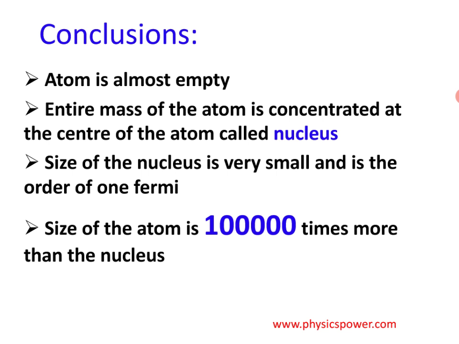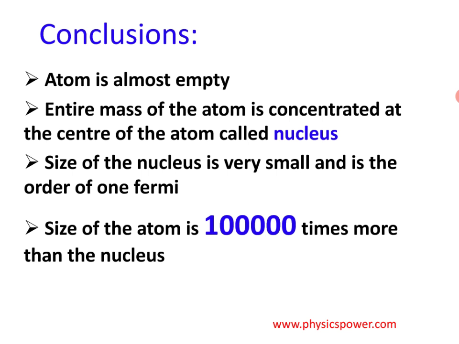With that we can conclude one more thing: the entire nucleus, that positive charge, occupies very little space inside the atom, meaning the size of the nucleus is very small. Even though it is heavy, it occupies very little space. What does it mean? Heavy mass occupying less space means the density is very high.